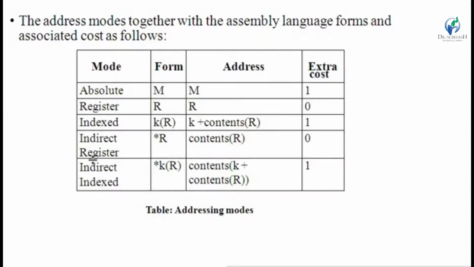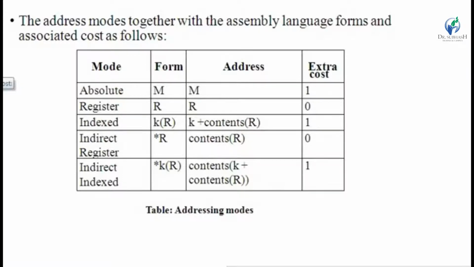In indirect register, it's a pointer R, the address is contents of R, extra cost is 0. In indirect index, pointer K of R, the address is contents of K plus contents of R, which requires extra cost.